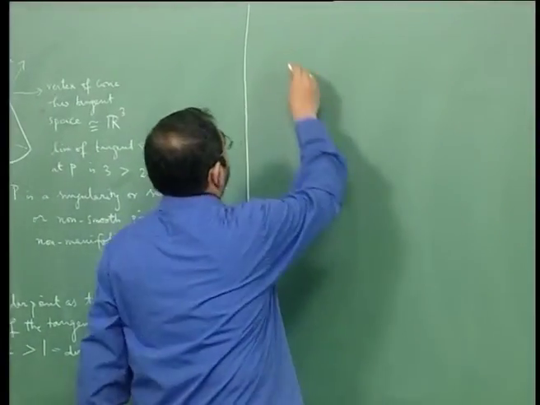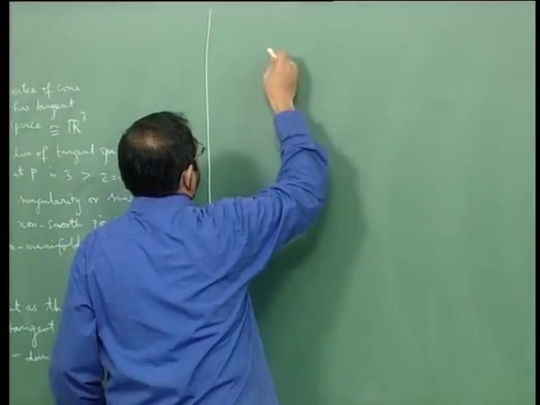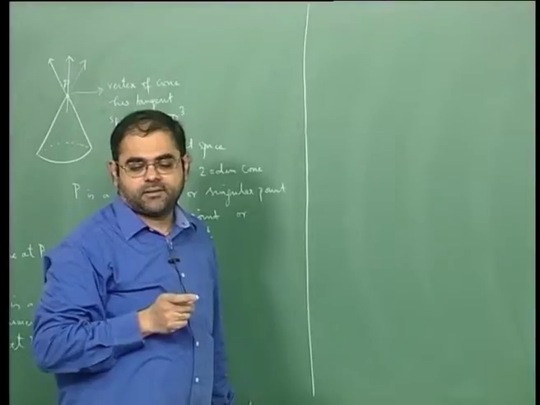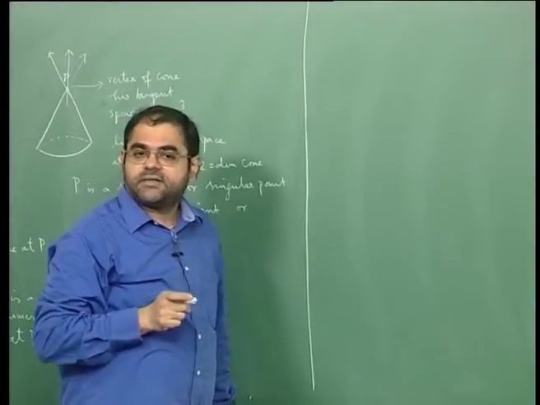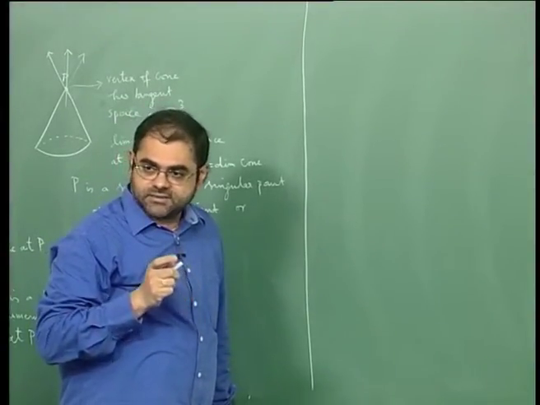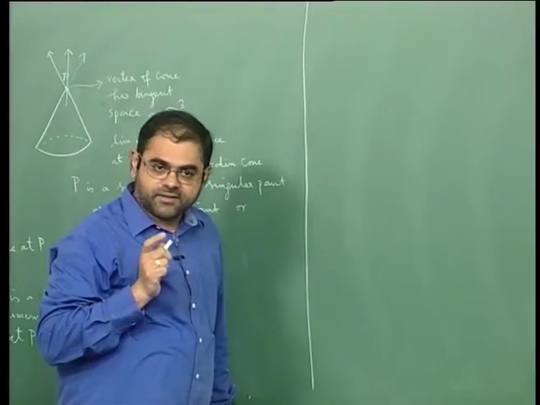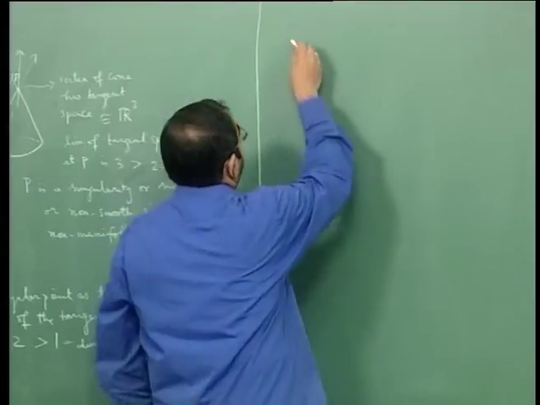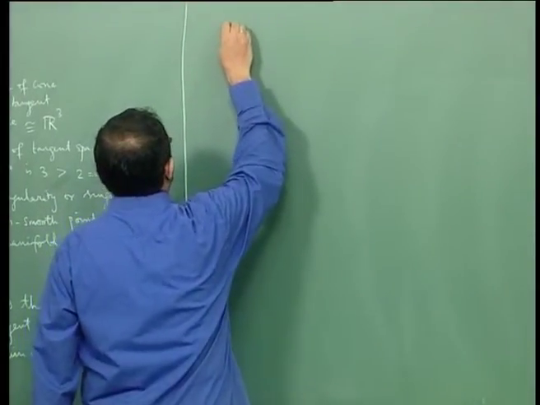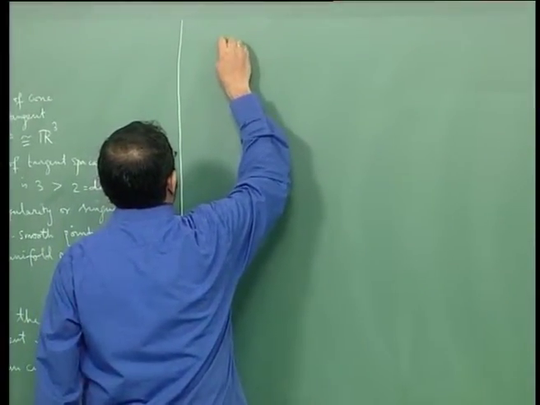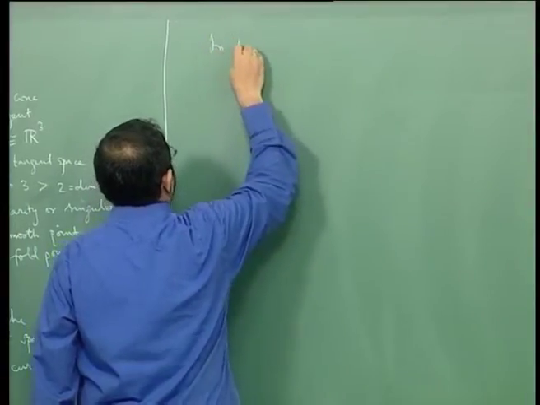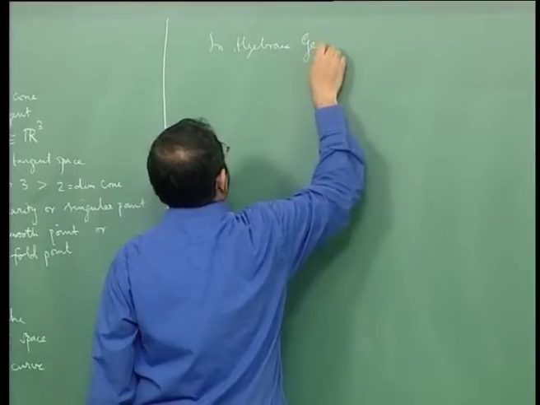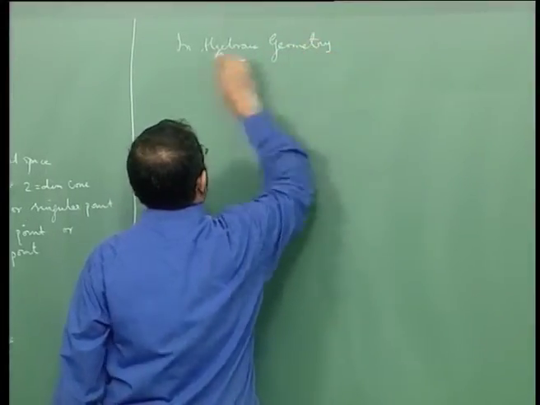I'm going to define when a point of an affine variety is smooth, I mean when it is non-singular, okay, and when it is singular, right. So in algebraic geometry, how do we do it?